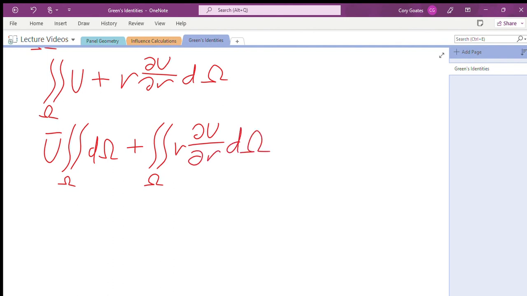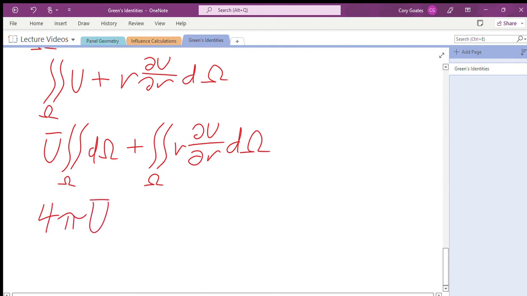Well, the integral over omega of d omega is just going to be omega, and our limits of integration for solid angle integration over an entire sphere is just 4 pi. And so this first term here becomes 4 pi times u, some average value of u.